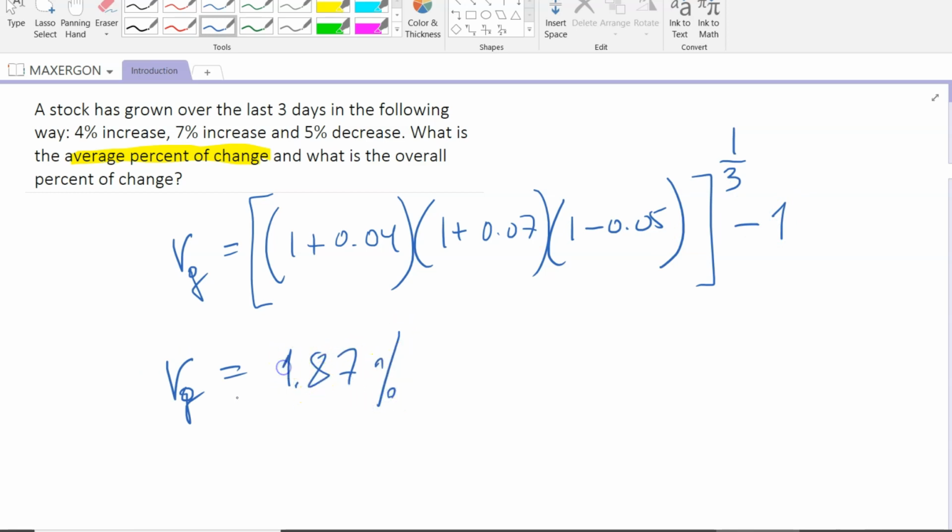1.87%. Because we have here positive sign, it means that we have 1.87% increase. The meaning here is that the stock on average increased by 1.87% per day for 3 days. What is the overall percent change?